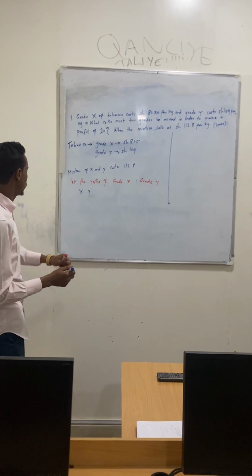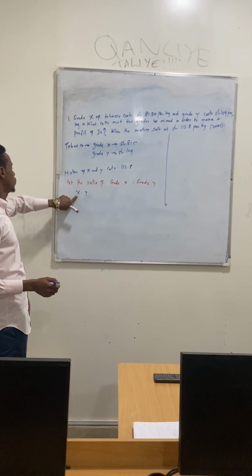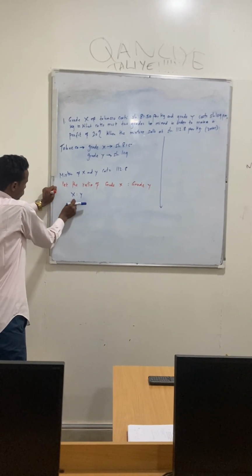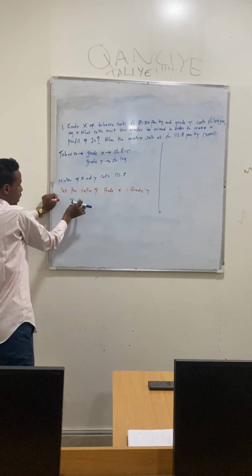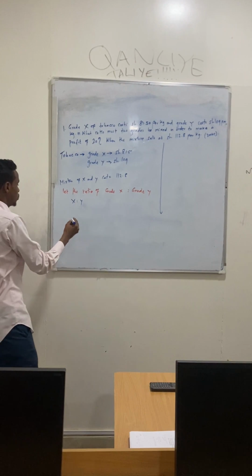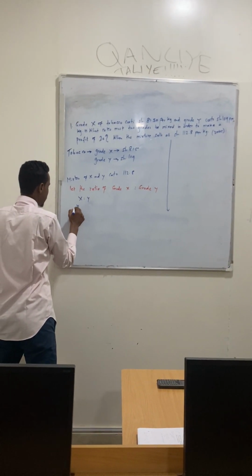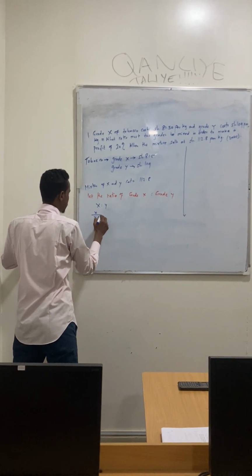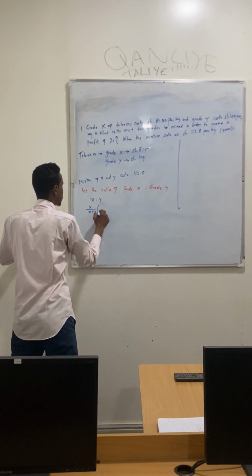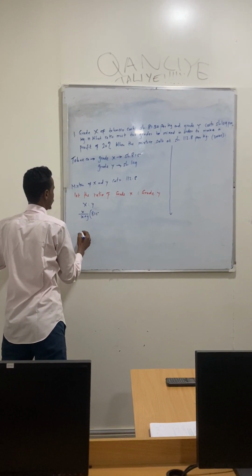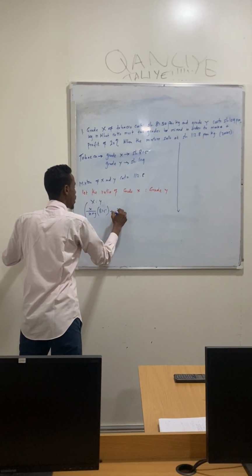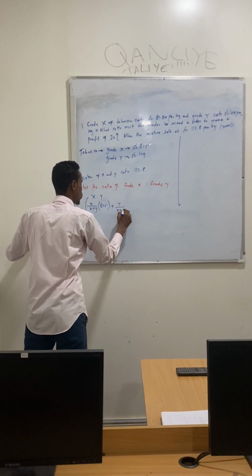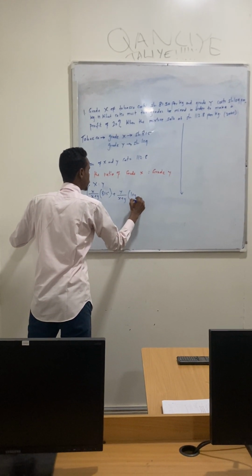We narrow down. A certain ratio X of tobacco grade X was mixed with a certain ratio Y of tobacco grade Y. Now, we come down here, we say X out of the total amount, X plus Y, multiplied by 81.5, close the bracket, plus Y out of the bracket X plus Y multiplied by 109.